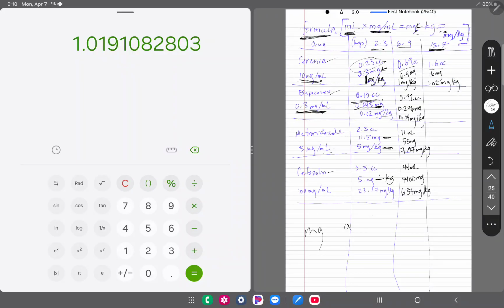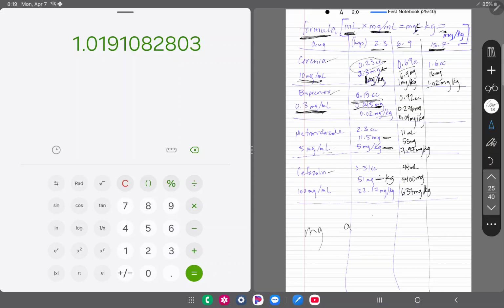That's pretty darn close to 1 mg per kg, because as you're studying and busting out your flashcards, you quickly found Serenia is usually 99.99% of the time 1 mg per kg, and maybe this doctor just rounded a little bit. Great, it's still pretty darn close.